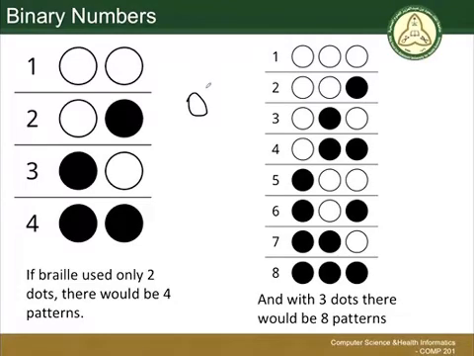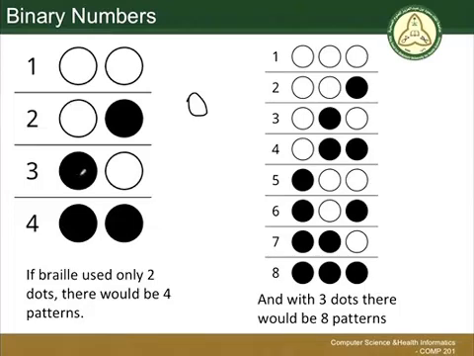How about if I have 2 dots? The first possibility is that both dots will be white, and let's assume I represent number 1 with both dots white. Now the second possibility: the first one is white, the second one black.